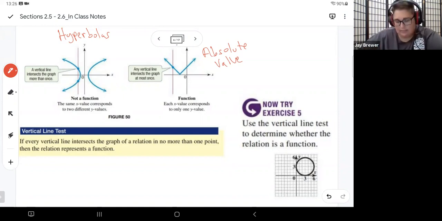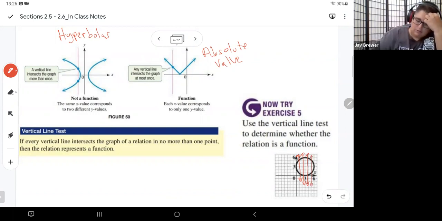What that is saying is if you look at exercise 5, if we draw some vertical lines here, you can see that circles, even though we use them a lot in mathematics, are actually relations because they fail the vertical line test.